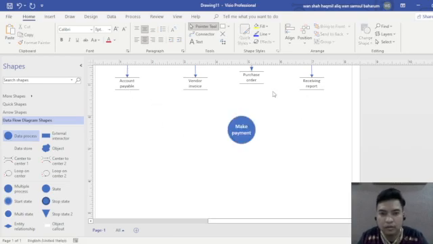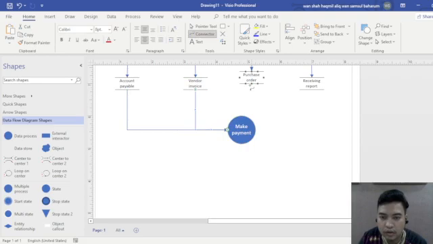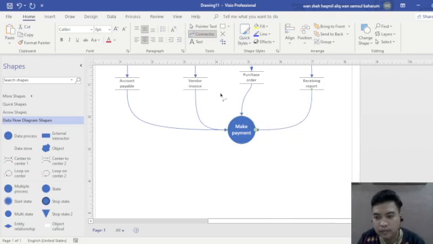All of these data stores will go to the make a payment. So the data flow will be like this, going to the make a payment.